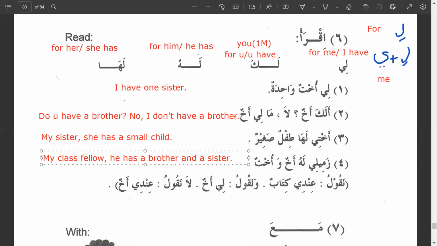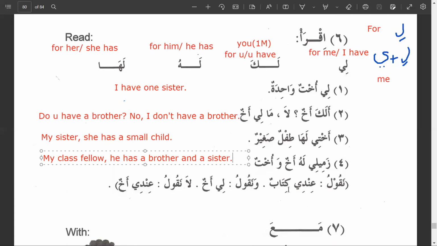So for relationship, we use li, okay? Or a constant, permanent position. My brother is my brother, right? So it's kind of permanent, like my brother is my brother since his birth or my birth. Indi kitabun, I have a book. I bought a book like 2 days ago. So since 2 days, this book is mine, right?